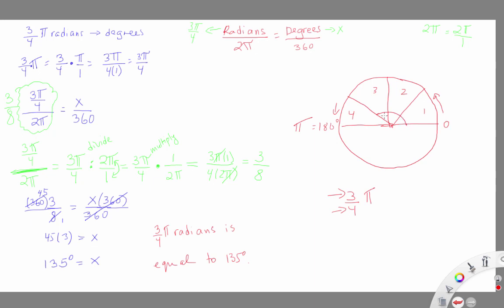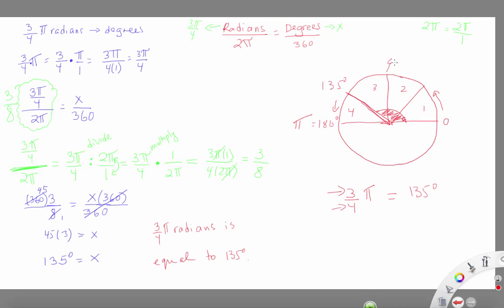So I'm looking at this angle here. And the answer I got is that it's equal to 135 degrees, which makes sense because, as we can see in the picture, it has to be more than 90 degrees and less than 180 degrees, and it turns out it is exactly 135 degrees.